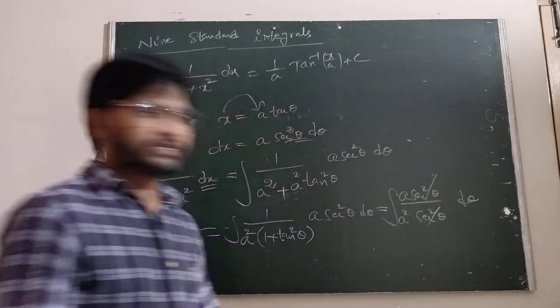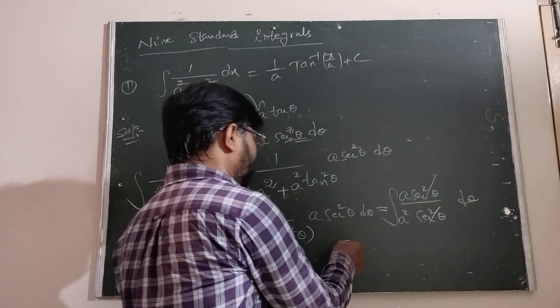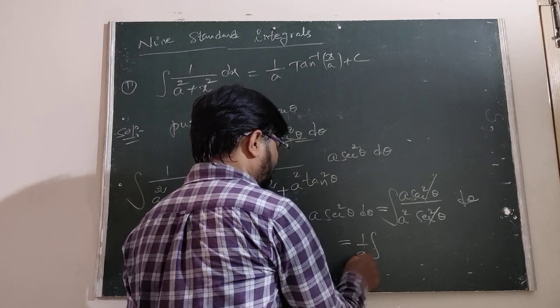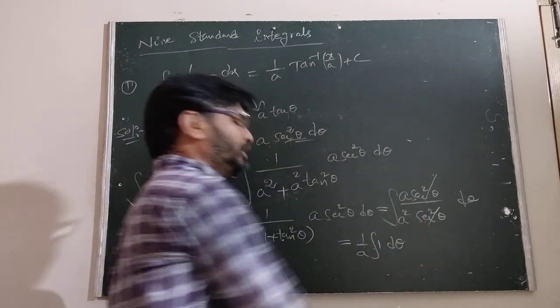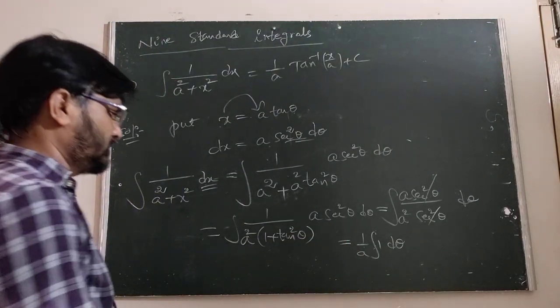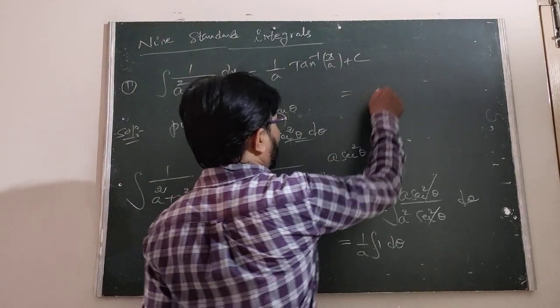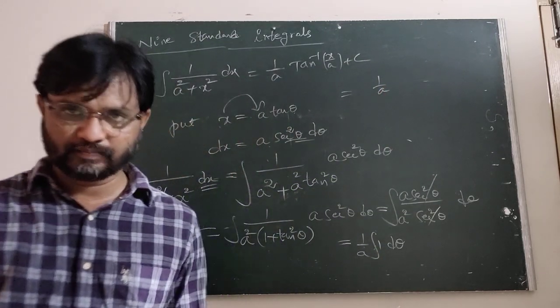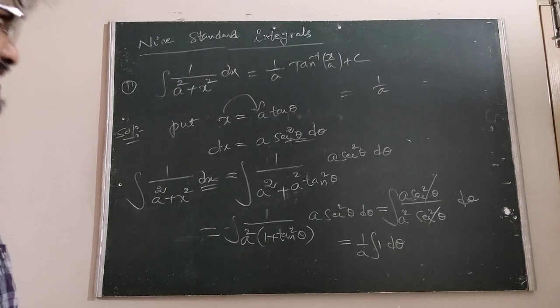Secant square theta is cancelled, and one a also cancels, so we are getting 1 by a integral 1 into d theta. The integral of 1 dx is x.